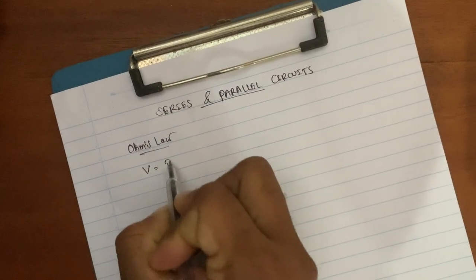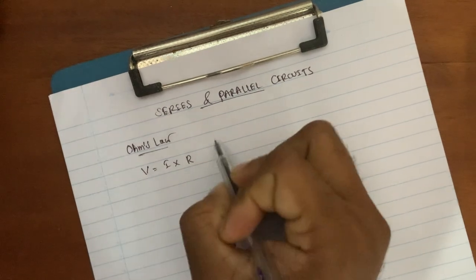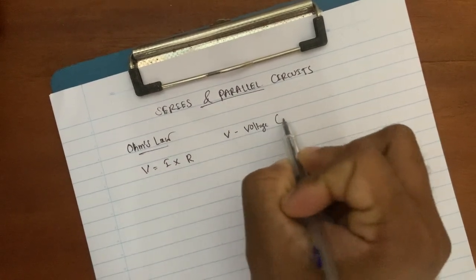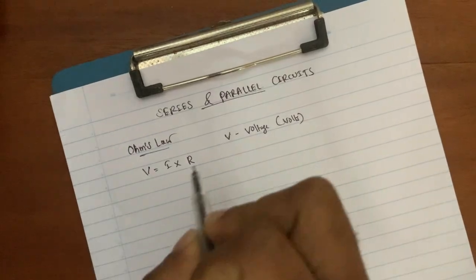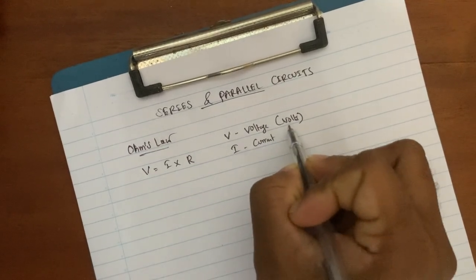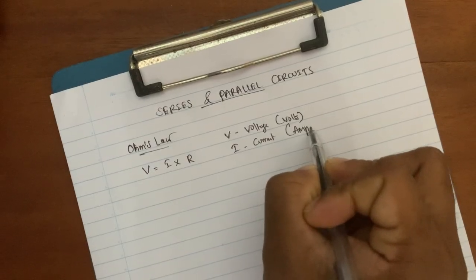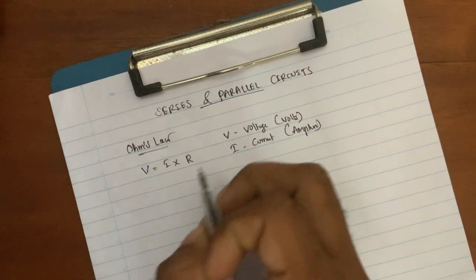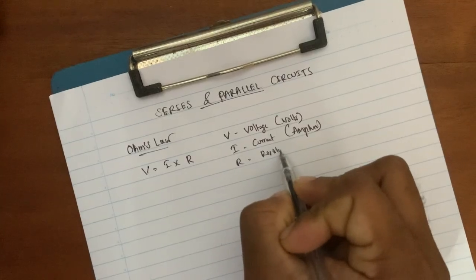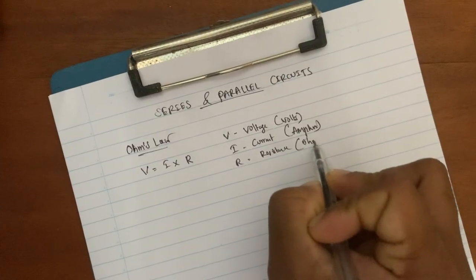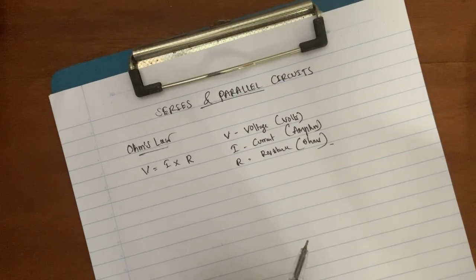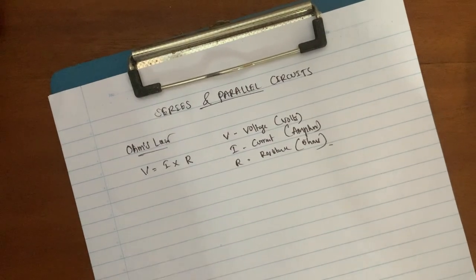V equal I into R, where V is voltage in volts, I is current in amperes, and R is resistance in ohms. If you know any two, you can always calculate the third one.